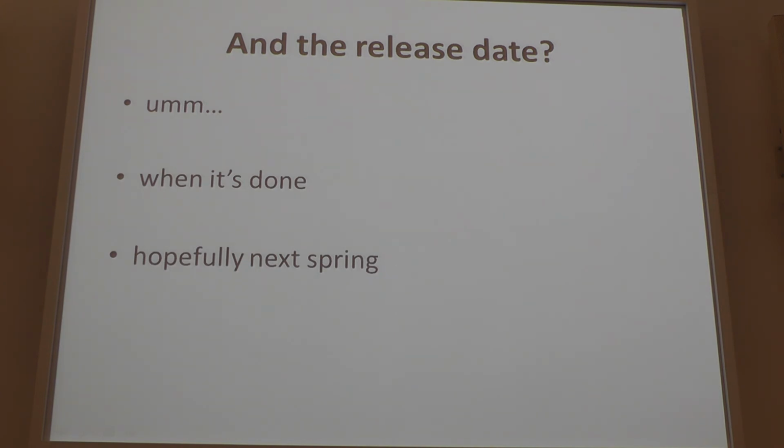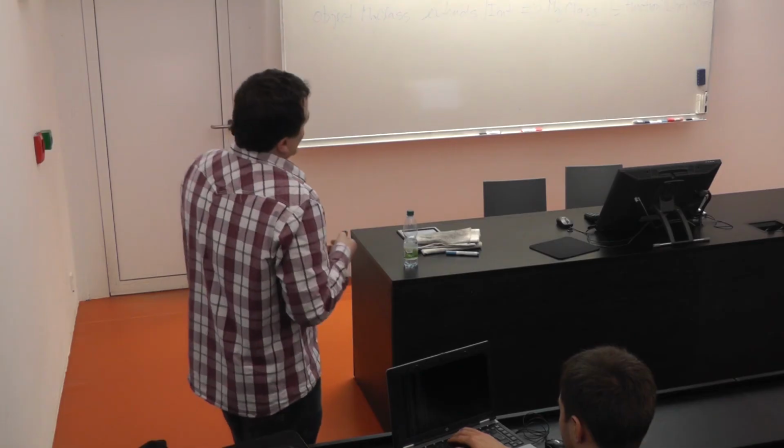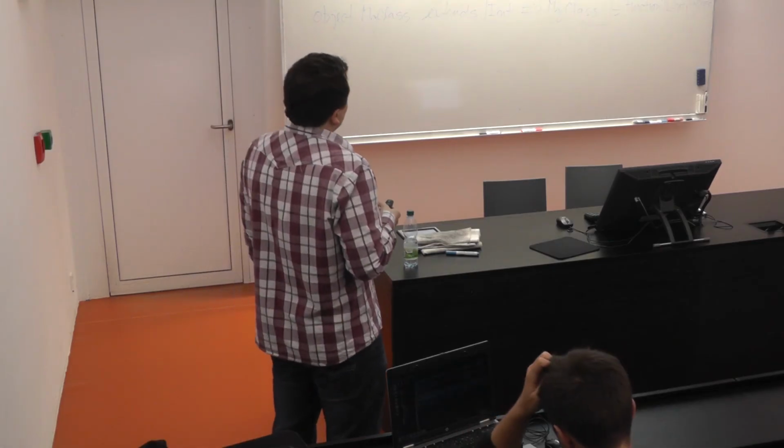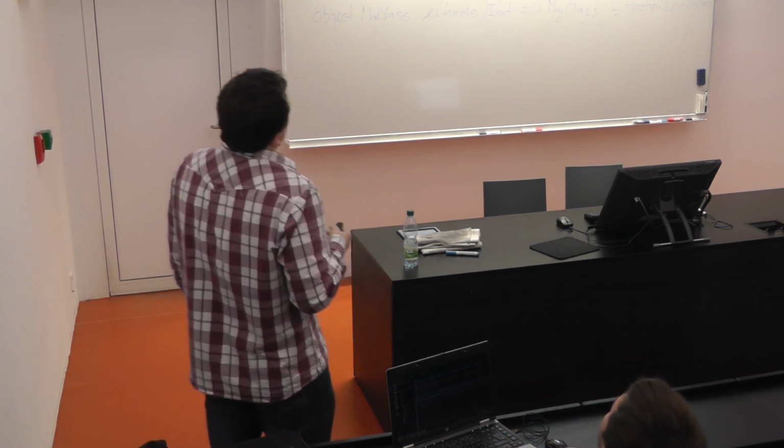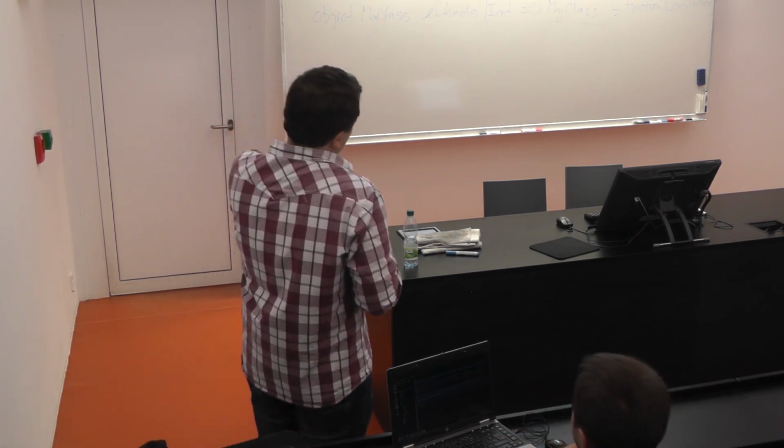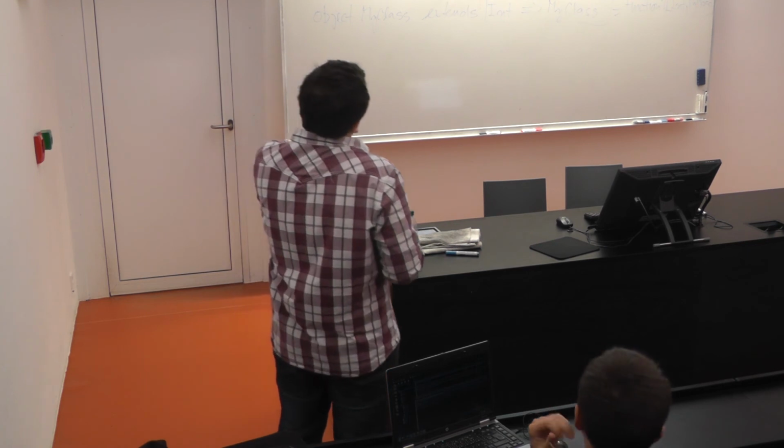It's slowly slipping away, but the current plan is for release in spring 2014. So let's hope it will not be delayed again, and by this time next year we'll have it released.